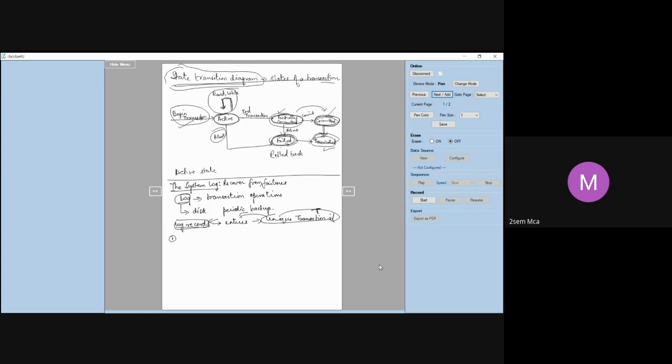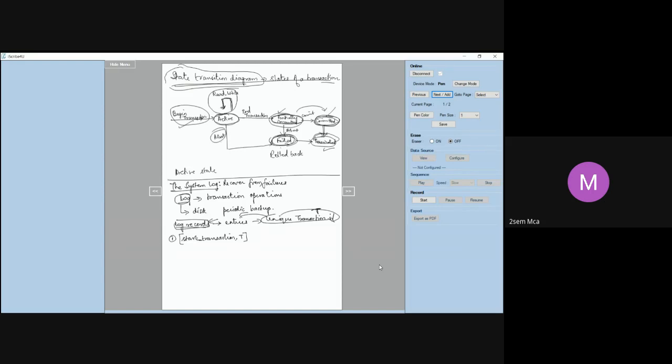What are the different entries you will have in the log records or in the system log? The first one is start_transaction, comma, T. This is how entries will appear in the log records or the system log. What does this indicate?